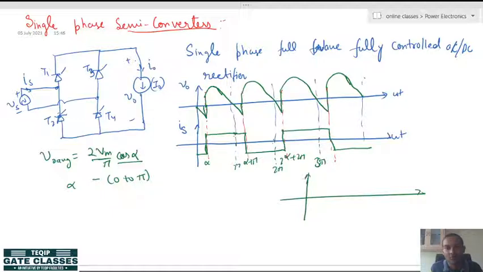let us say you want to plot V naught average with respect to alpha. What will you get? You will get a cosine function, but we have to draw it only from 0 to pi. So this is 0, this is pi by 2 and this is pi. The average output voltage will go like this.